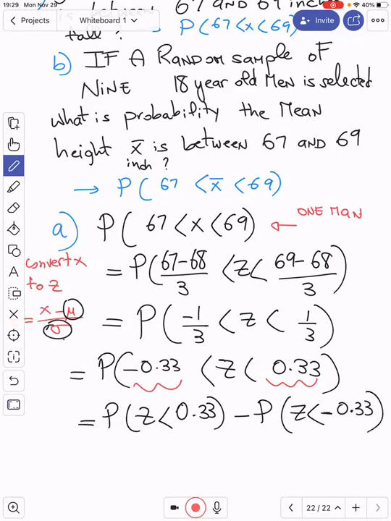Okay, so then we can use our table number 3 here.